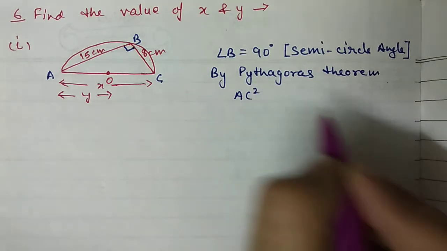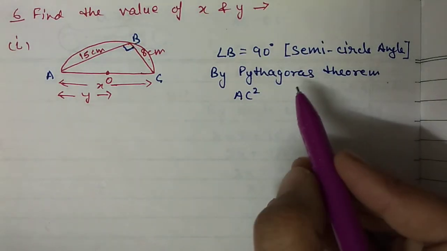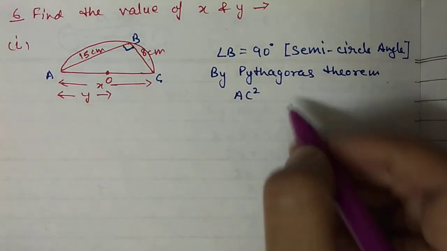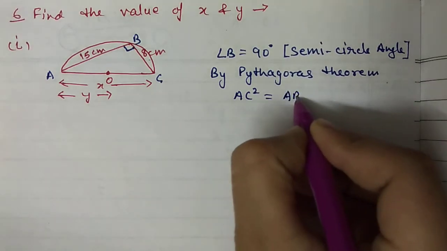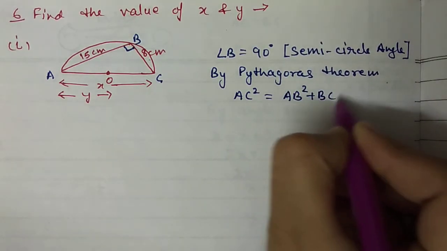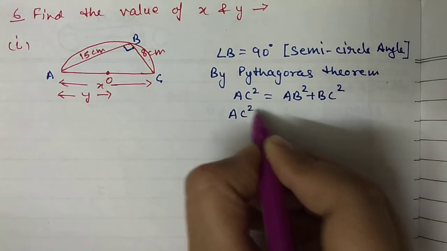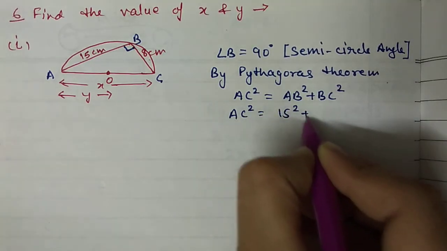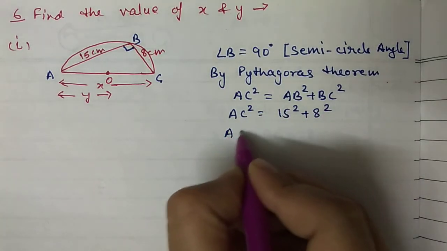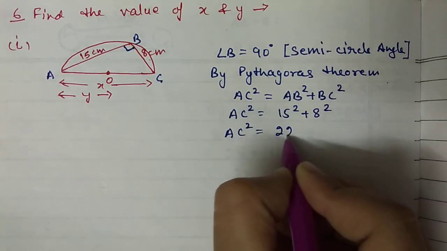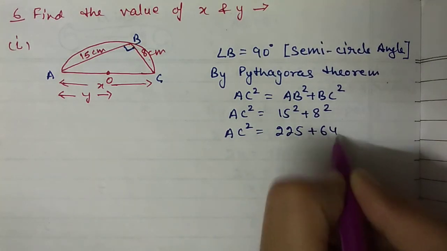AC square, hypotenuse square, AC is here the hypotenuse, the side opposite to 90 degree, will be equal to AB square plus BC square. So AB is given 15 and BC is given 8. 15 square is 225, 8 square is 64.